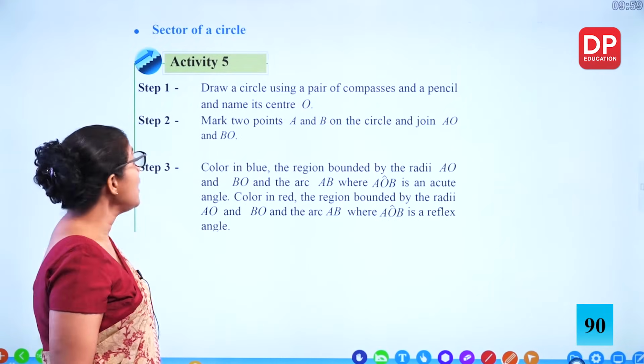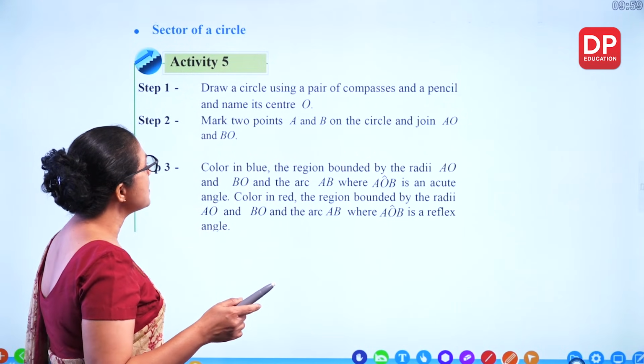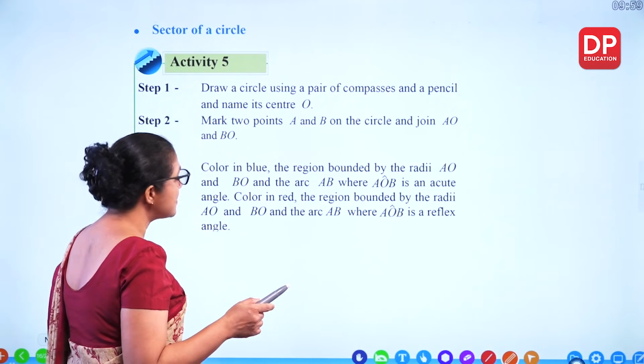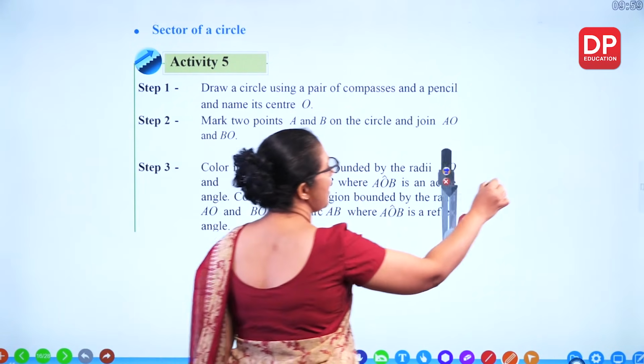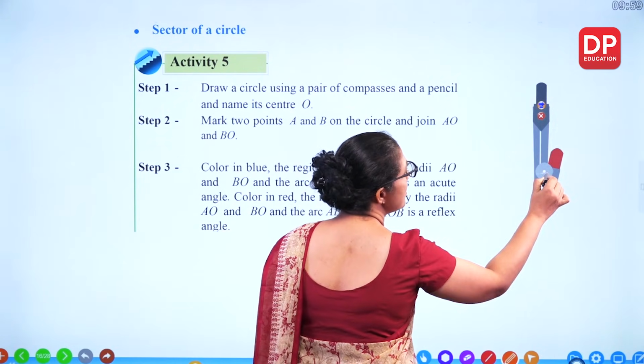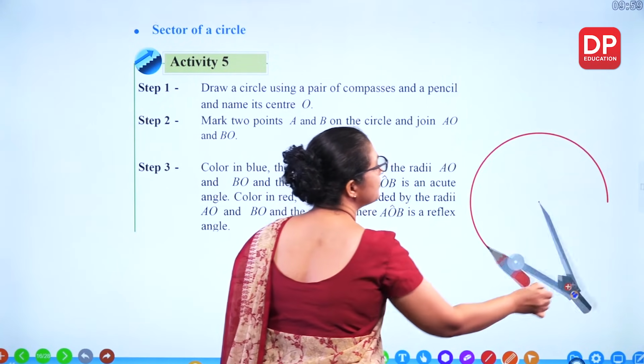Another activity to identify the sector. Draw a circle using a pair of compasses and a pencil and name its center O. So we'll take the compass, take any radius, and draw a circle.